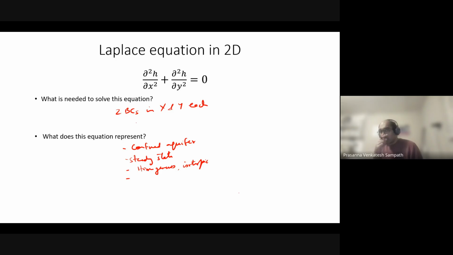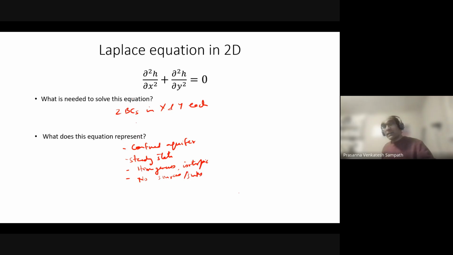It's confined aquifer because it's dou square h by dou x square plus dou square h by dou y square, and for unconfined, you have dou by dou x of h dou h by dou x, and so on and so forth. It's steady state because the right hand side is 0. It's homogeneous and isotropic because kx and ky or tx and ty are not there. It is also an aquifer which has no sources or sinks, right?